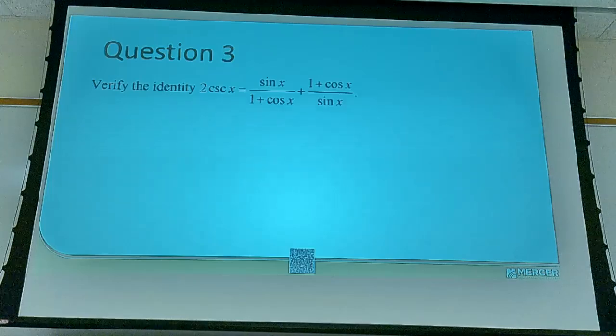And what I want to proceed. If you look at this, what do you think to yourself? It's easier to start with the right-hand side here, because you know how to simplify fractions.